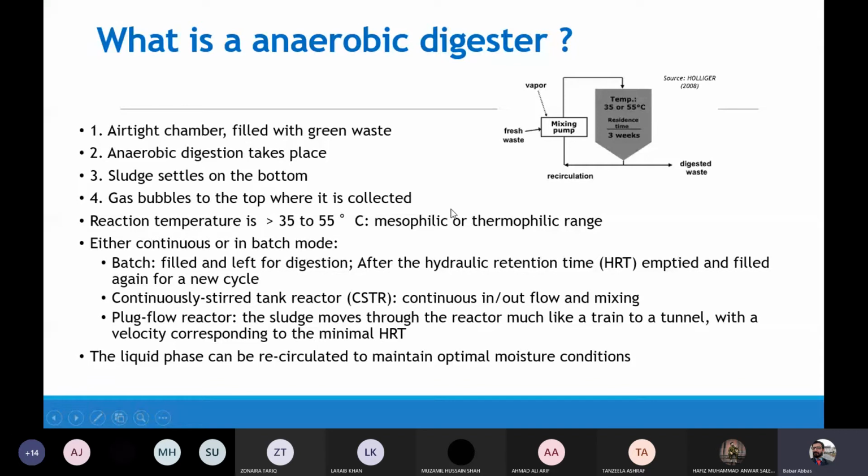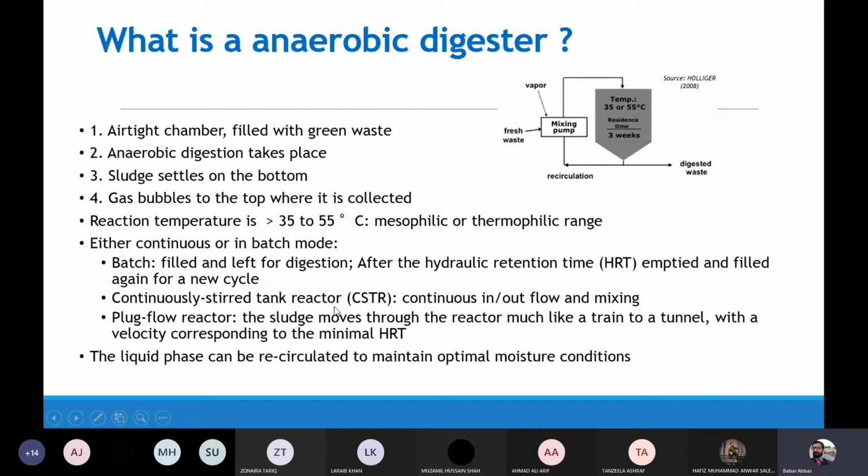Reaction temperature is mesophilic or thermophilic, 35 to 55 Celsius. It can be a continuous system or a batch mode system. If the batch mode system is being utilized, it will be filled and left for digestion. After the hydraulic retention time, it is emptied and filled again for a new cycle.